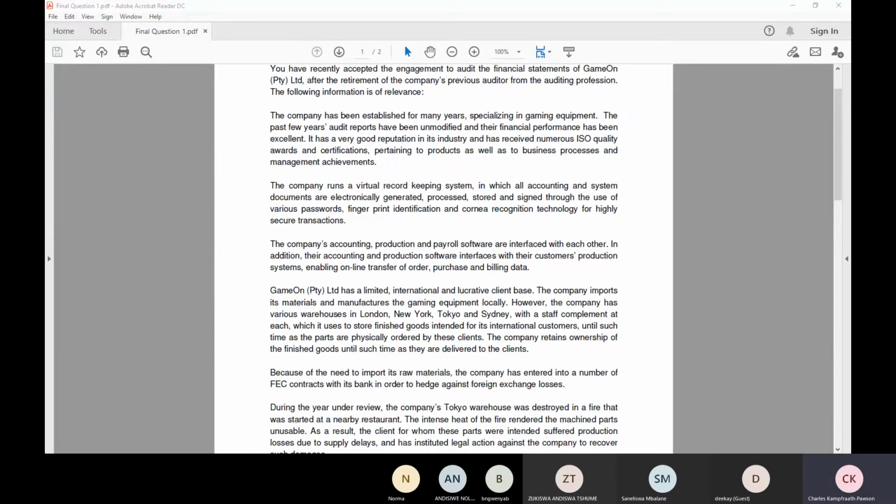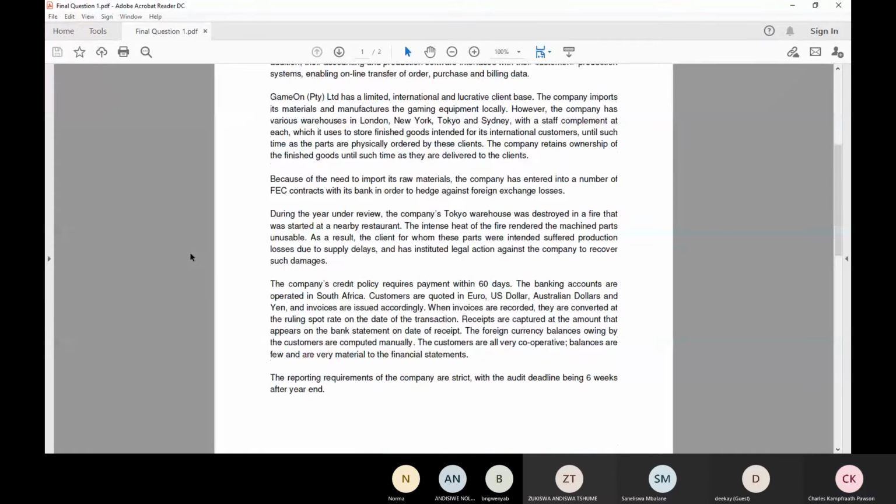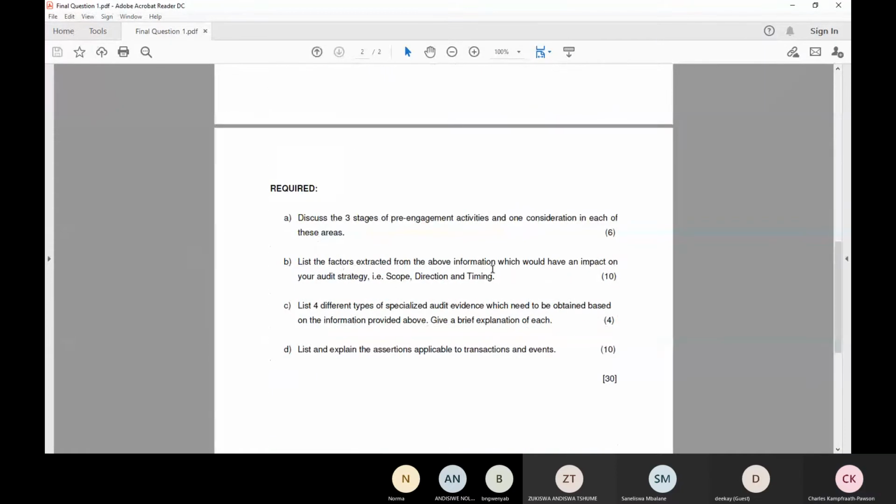So we have to list the information based on this extract. So we group them according to the scope, the direction, and the timing. Correct. So for the scope, because it says that it has various warehouses: London, New York, Tokyo, and then Sydney.